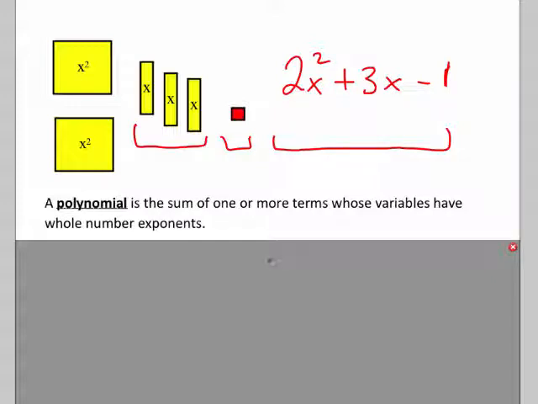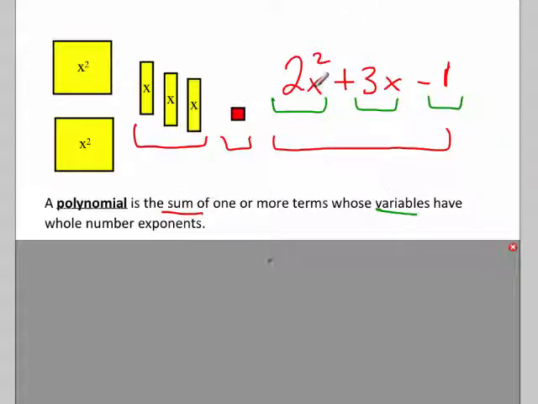So a polynomial, I'm just going to read this definition slowly. A polynomial is the sum, or the adding or subtracting together, of one or more terms. Terms are sections that are separated by plus or minus signs. So this polynomial has 3 terms, and the terms have variables that have whole number exponents.